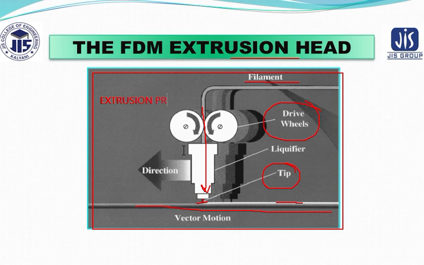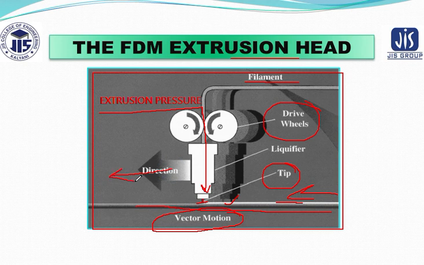Extrusion pressure is there, that's why the deposition of material is occurring here. And you can see a vector motion is occurring. Now deposition is occurring through this direction. That means the extrusion head is moving in which direction?